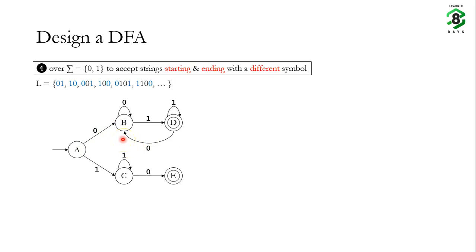That should mean that the string does not remain in the final state D and it comes back to state B because after this, if we get a 1, we can still go back to the final state D and accept the string. And similarly in state E, if we get a 0, we will continue to remain in state E, and if we get a 1, we will go back to state C. So that concludes the design of a DFA which starts and ends with a different symbol.